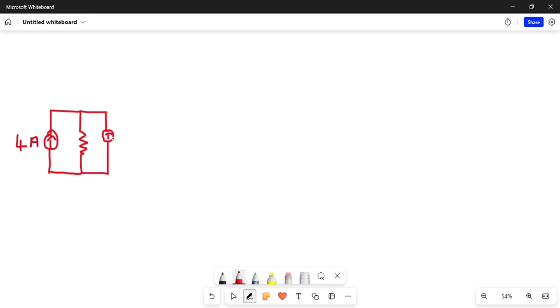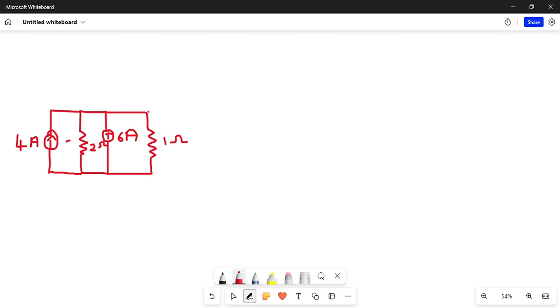This is 6 ampere current, right? So this resistance is the same, which is 2 ohm. Here I write 2 ohm resistance. And here once again, it is nothing but 1 ohm.